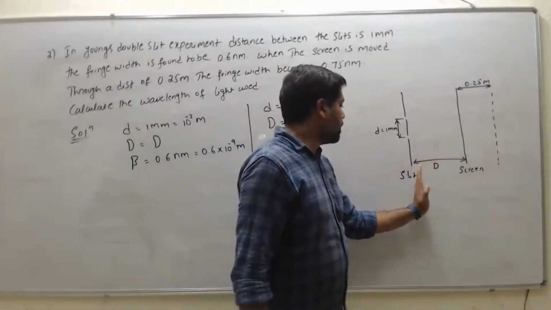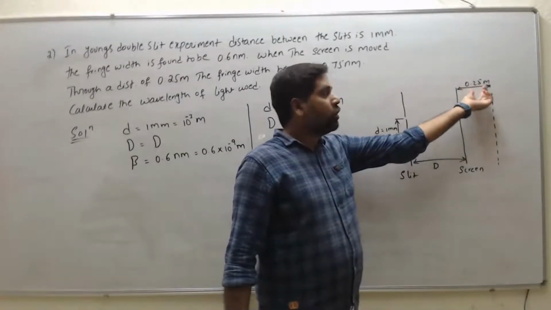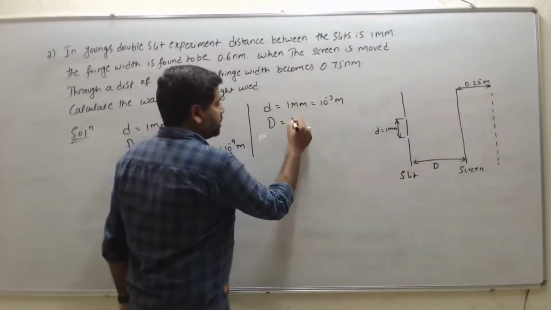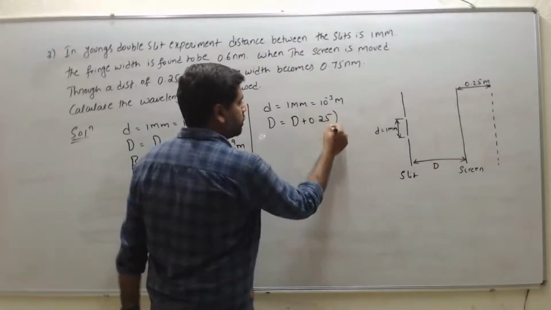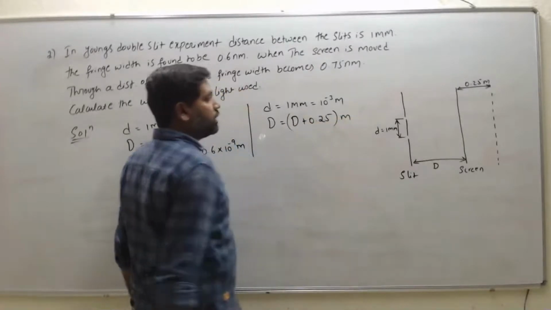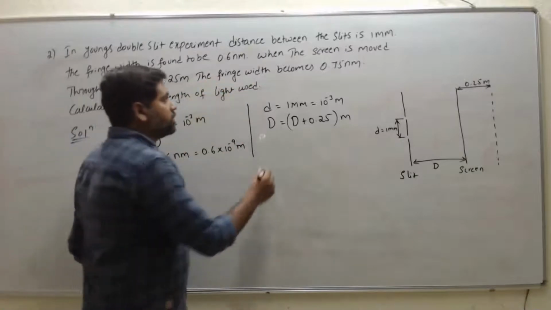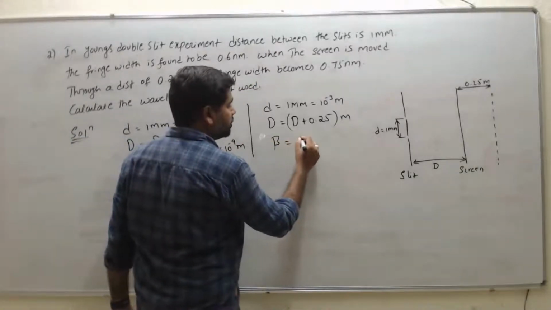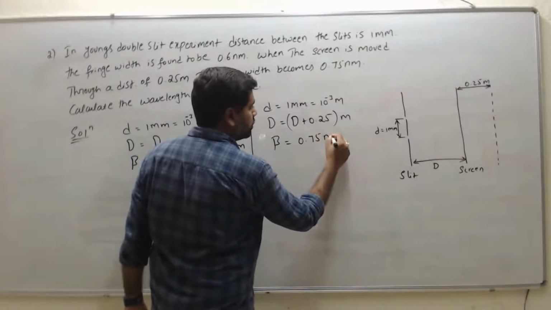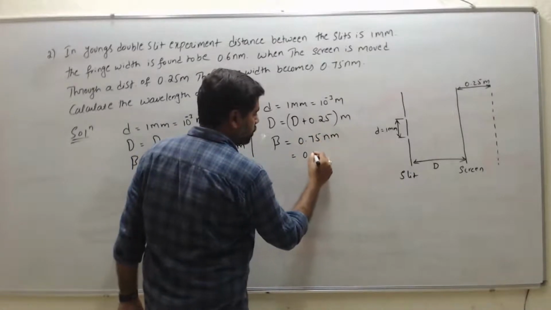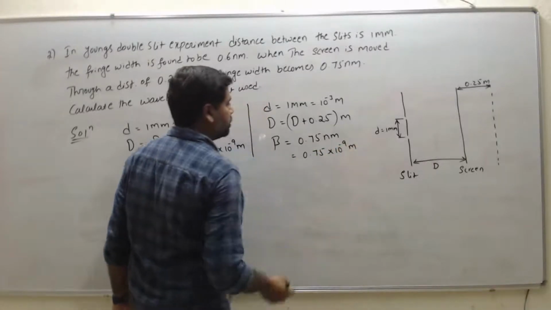Now observe here the distance between the slit and the screen is D plus 0.25 meter, that is D equals D plus 0.25, in meter. Next they gave the fringe width becomes, beta is equal to 0.75 nanometer, that is 0.75 into 10 to the power of minus 9 meter.